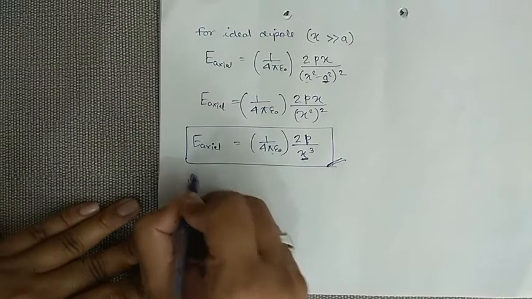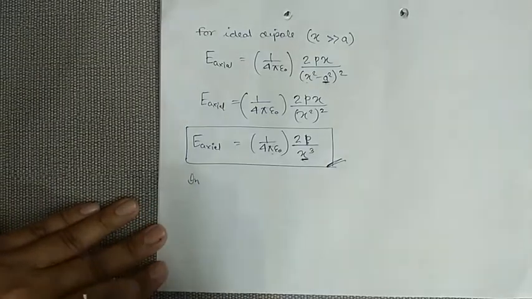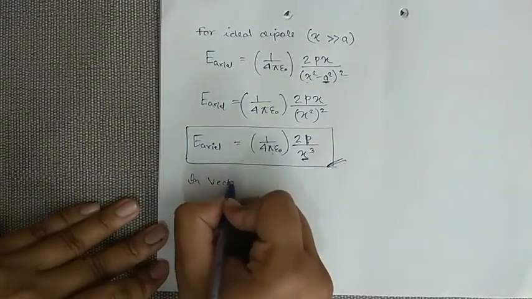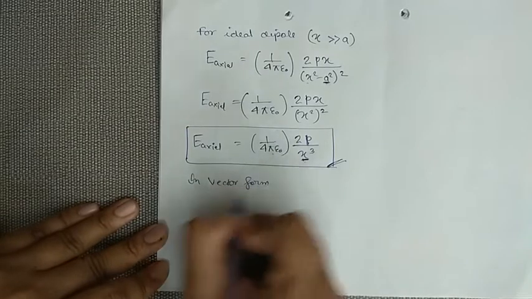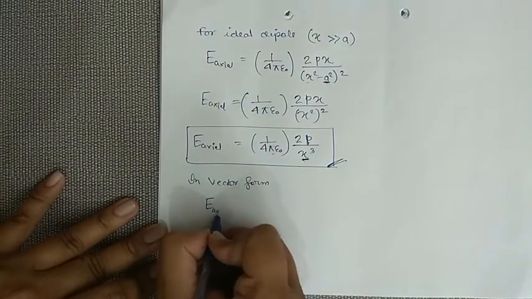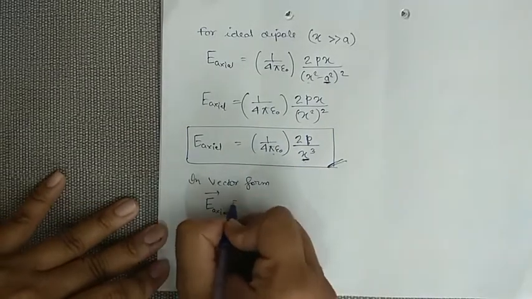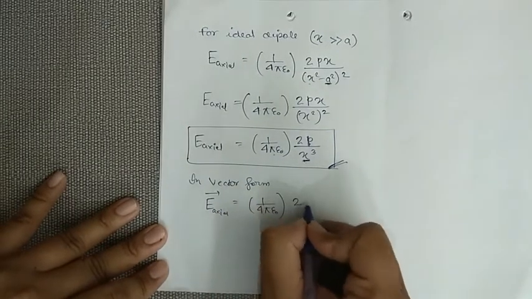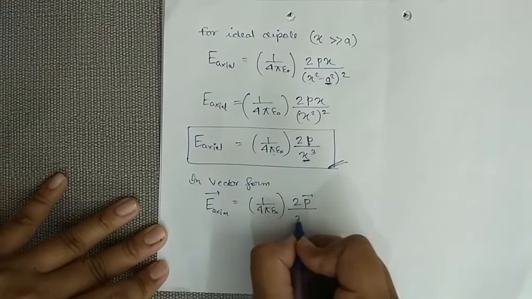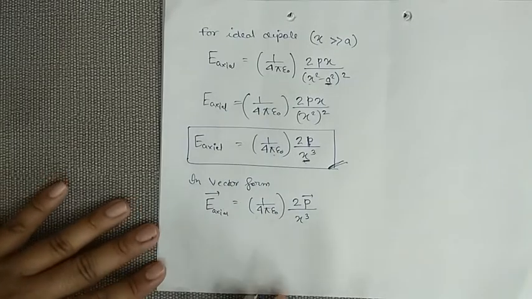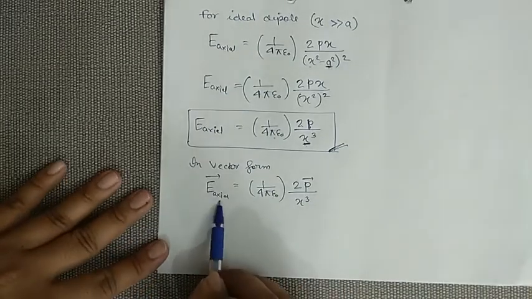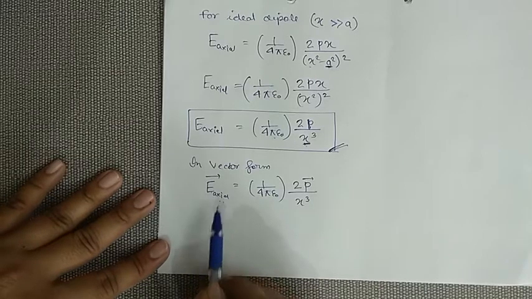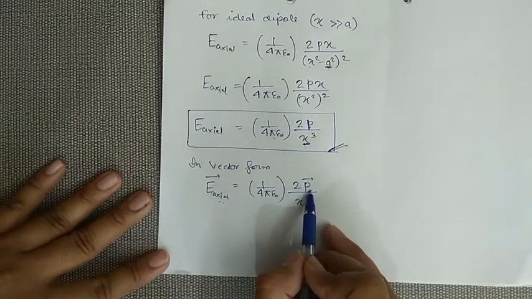Now as we know, electric field is a vector and dipole moment is also a vector, so we can write this in vector form. The direction of axial electric field is along the direction of dipole moment.